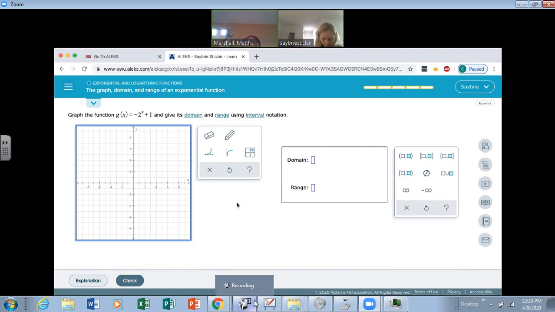So it looks like I get the points 1, negative 1 and 2, negative 3, and I could see its range is negative infinity to 1, and its domain is negative infinity to positive infinity.